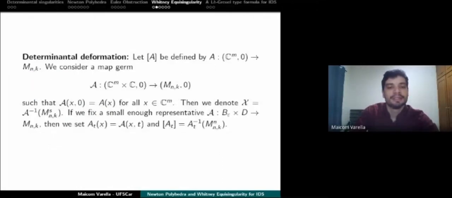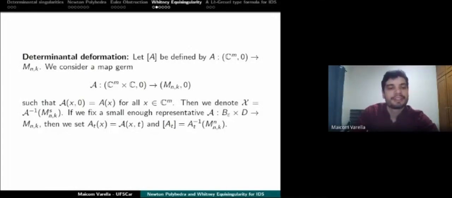So to start, we recall the definition of determinantal deformation. Let A be defined by the matrix A. We consider a map germ such that A_X at 0 is equal to A_X for all X in C^n. Then we denote by X this inverse image.